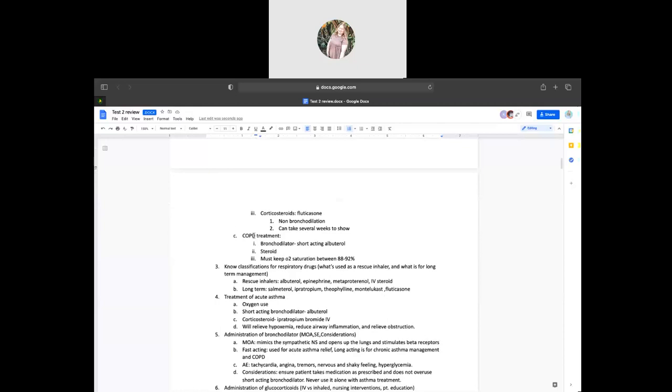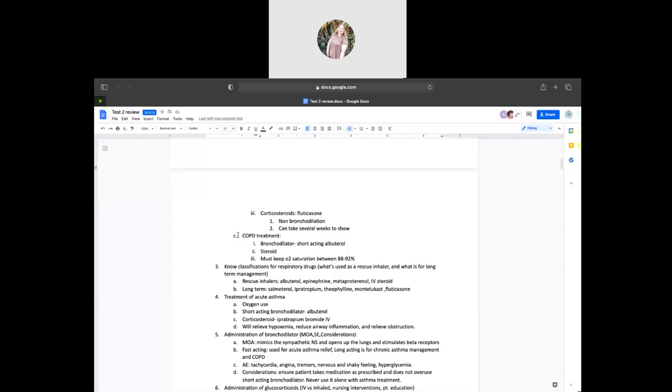COPD treatment. So a lot of our COPD patients, they have a problem with their lung compliance. Their lungs are not able to open up as much as a normal lung can, and that's why they have trouble breathing. A lot of their lung compliance is low.